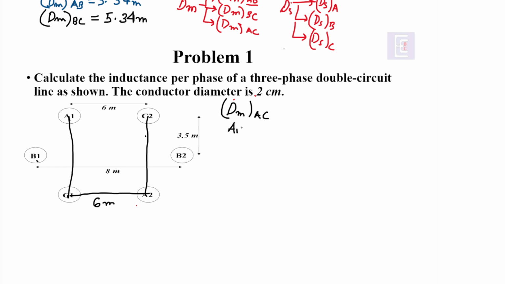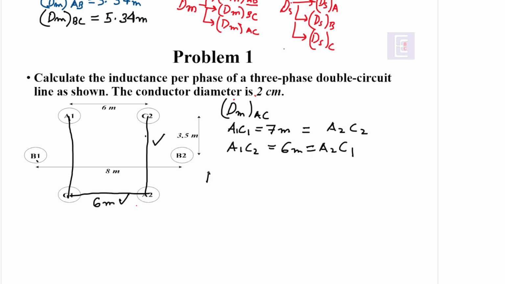First A1C1, which was equal to 7 meter. And second we have A1C2, which is 6 meter. Okay, now it is fine. Third we have A2C1, this distance, it is 6 meter. And fourth one should be A2C2, which is equal to 7 meters.